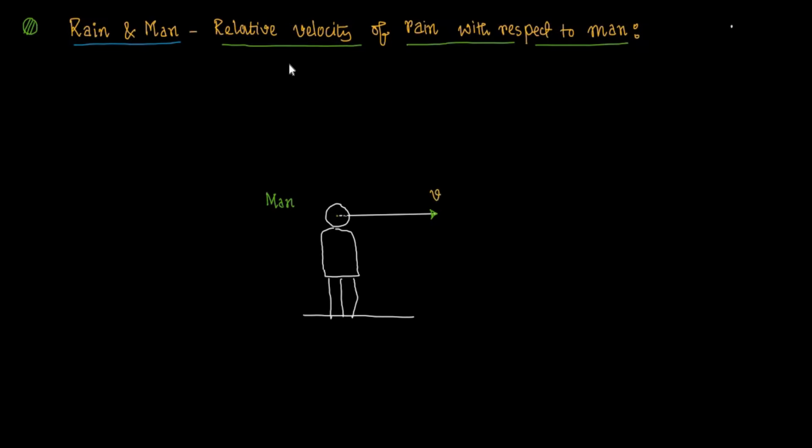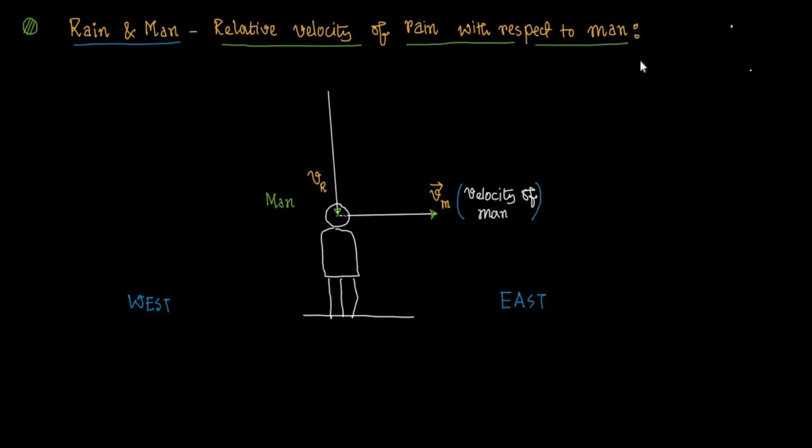Vector vm is the velocity of the man, and the man is moving east and the opposite side is west, and the rain falls vertically downwards with the velocity vector vr.